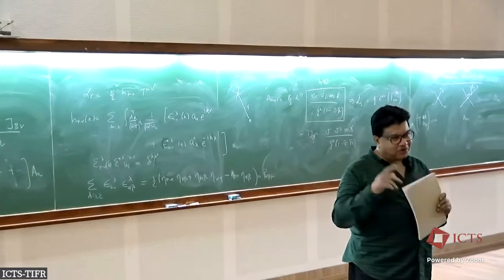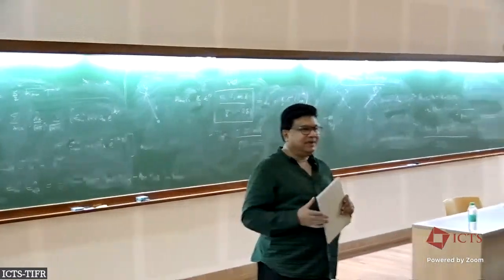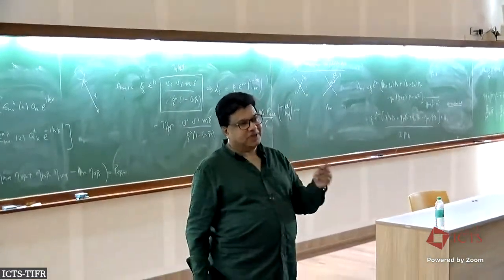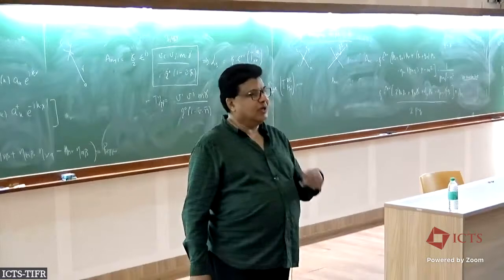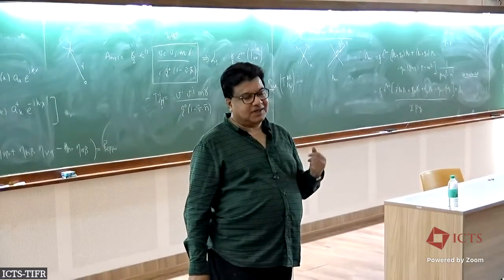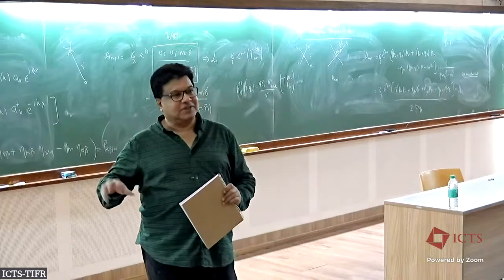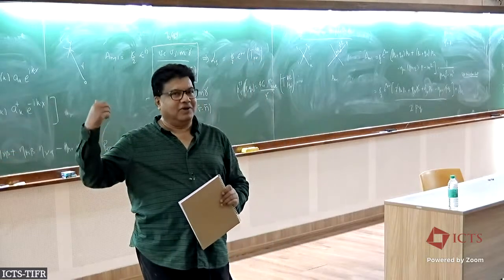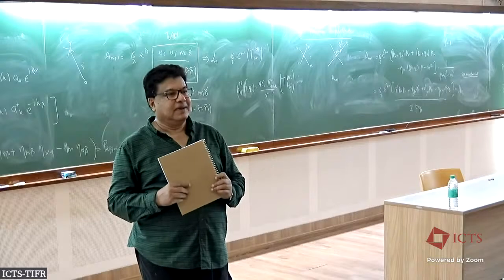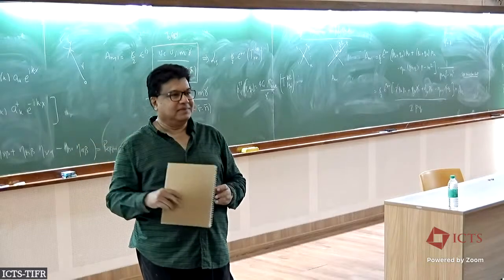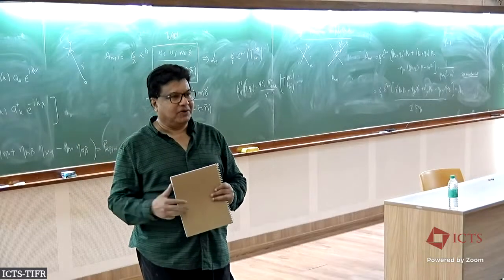The only thing is, if you have loops, that's a true measure of the quantum nature of the graviton. They show that a loop process is not very highly suppressed and can be observable. And if you observe it, that would be the quantum nature of your graviton.